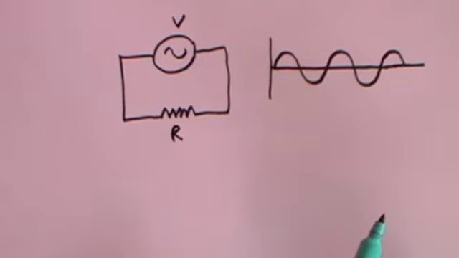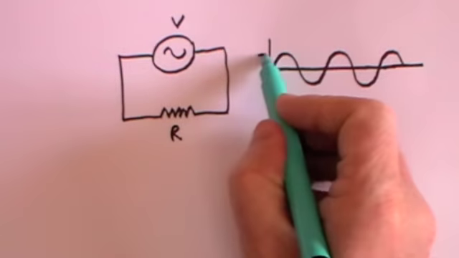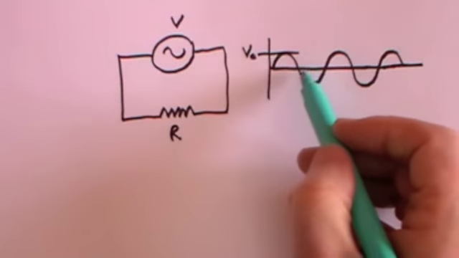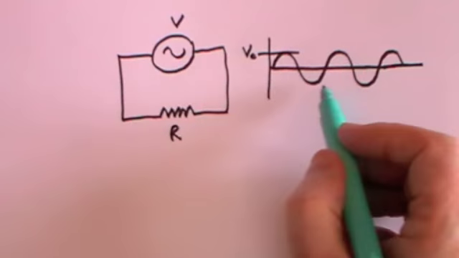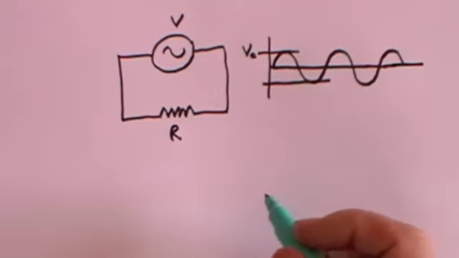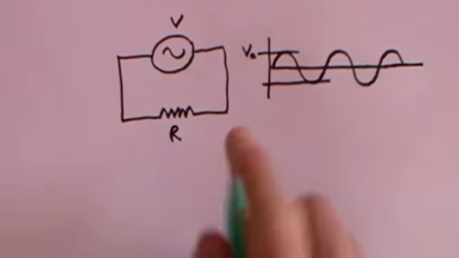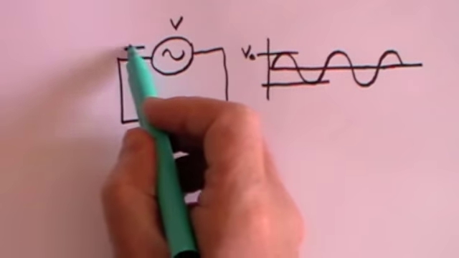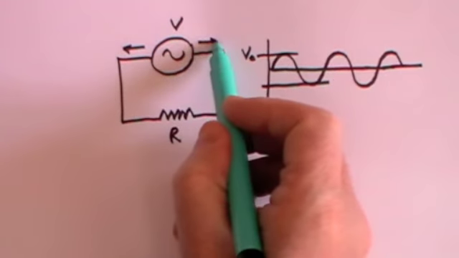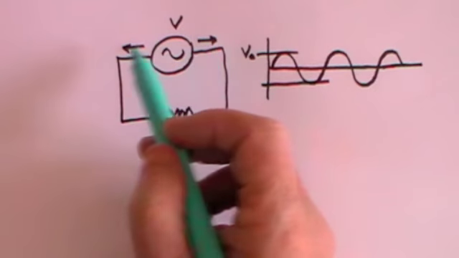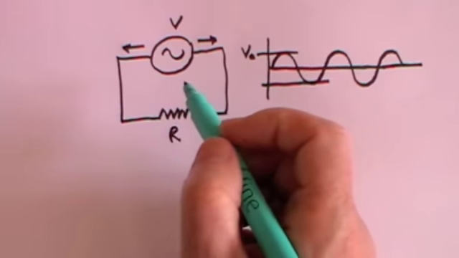As I say, in the UK, 50 times a second. It will reach a peak voltage, which we'll call V0, then it will fall to 0, and then it will go to a negative peak voltage, which will be minus V0. And that means that the current in this circuit is constantly changing direction. It starts off going in that direction, then it goes in that direction, then in that direction, and it changes 50 times a second.